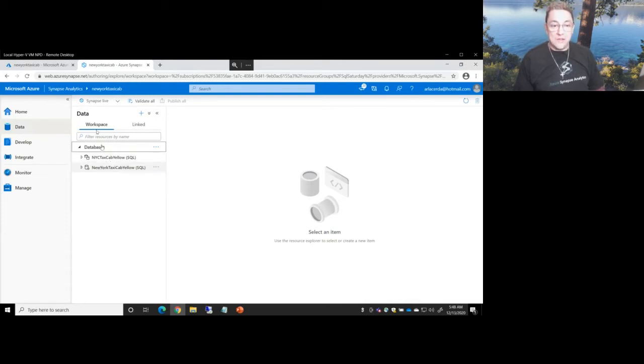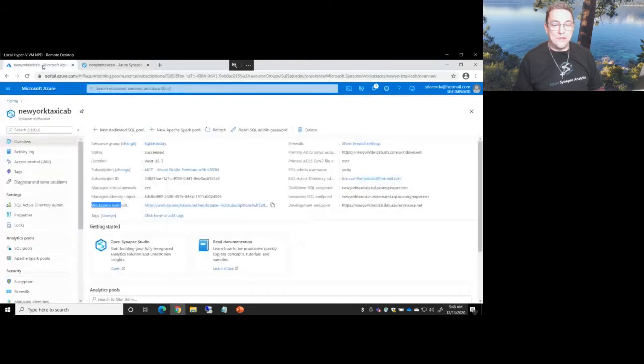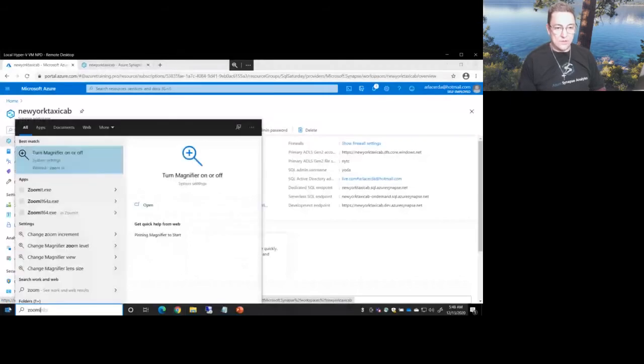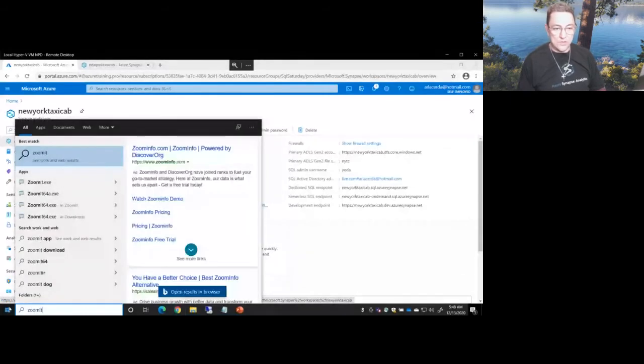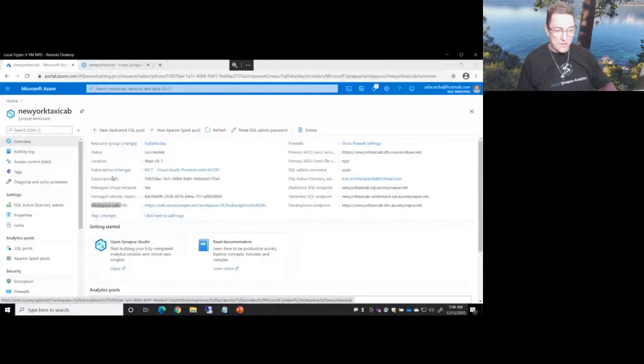I could have a third one actually if I go back here into the workspace. If you may notice in here, this one is working. Let me zoom in. I forgot to turn this one on, so let me turn it on. There we go. Let's zoom in.